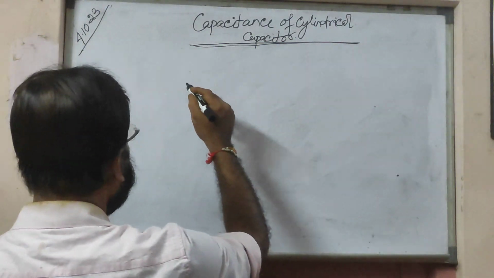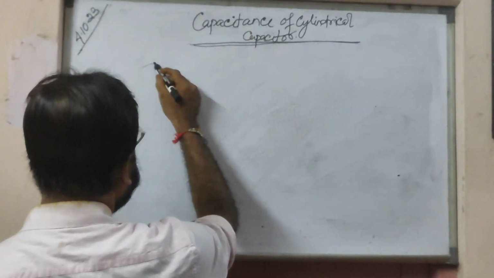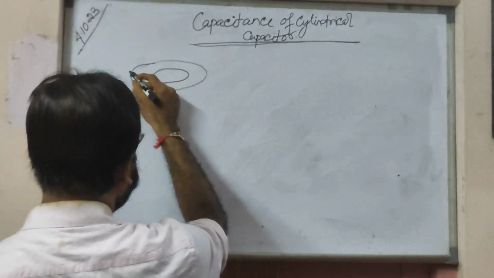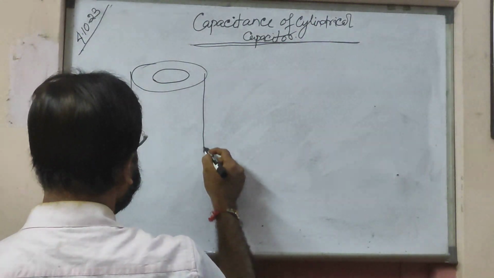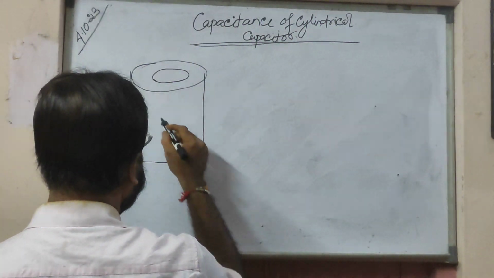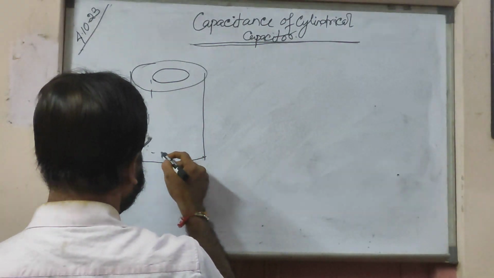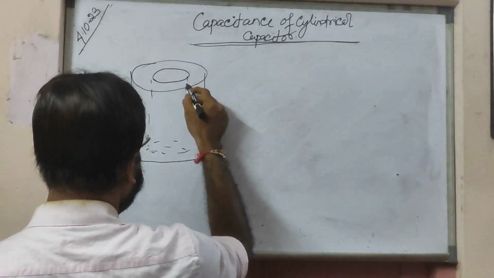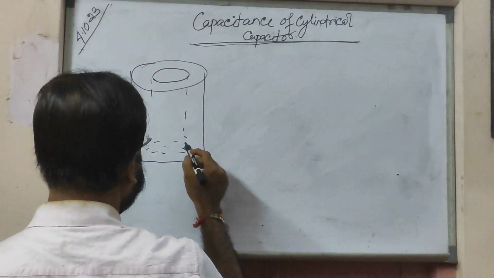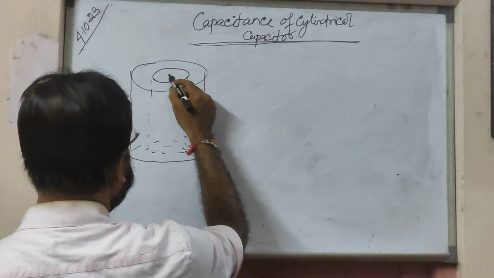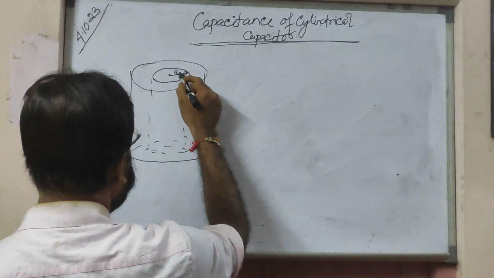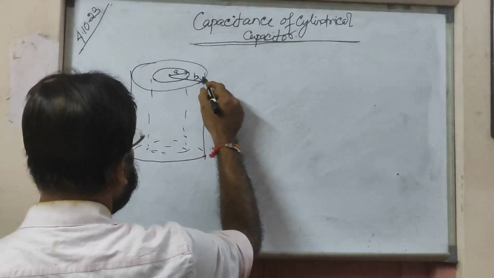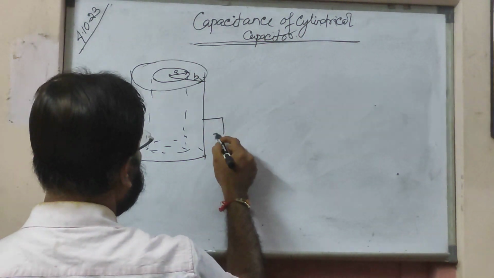Now for that, let us consider a hollow cylinder. Suppose the radius of the inner one is A and the outer one is B. The outer one is grounded.